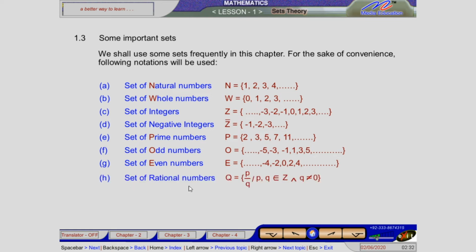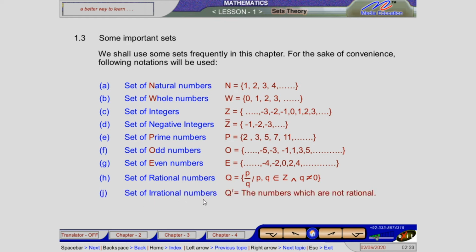Set of rational numbers is denoted by capital Q and it will include all those numbers which can be written in the form of a fraction P divided by Q, where P and Q are elements of integers and Q is not equal to 0, because when Q is equal to 0, P divided by 0 becomes infinity.